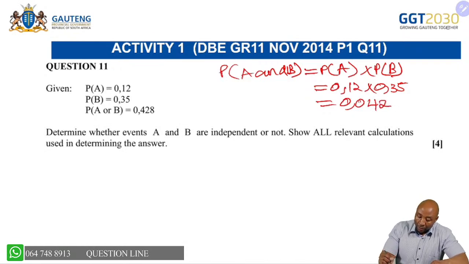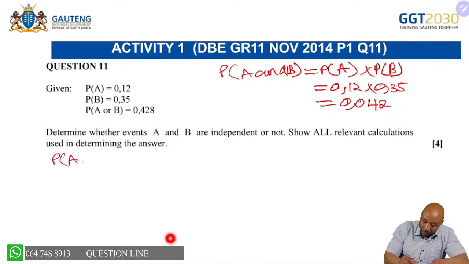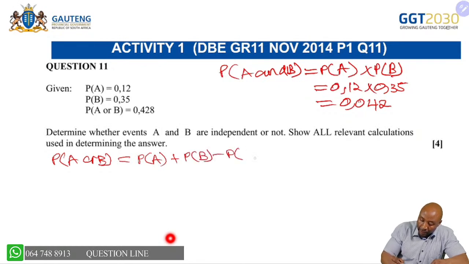Now we want to check. We are given information: the probability of A or B is equal to the probability of A plus the probability of B minus the probability of A and B. Let's check.